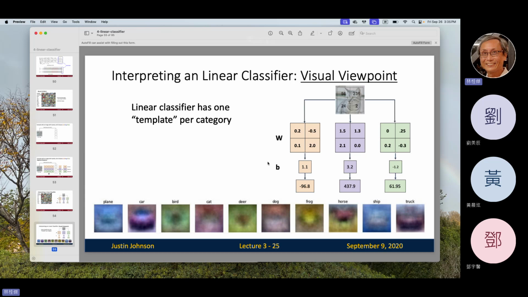That means that the input here matches the weights, or the weight is just right for the cat. Everything else, I cannot see as something. But for this one, if you look at this one and multiply into this one and come out with this, and they are very clear, then it means that the picture and this weight actually are a right match. And when it's a right match, then you should have a high score. Okay, that's the visual point of view.